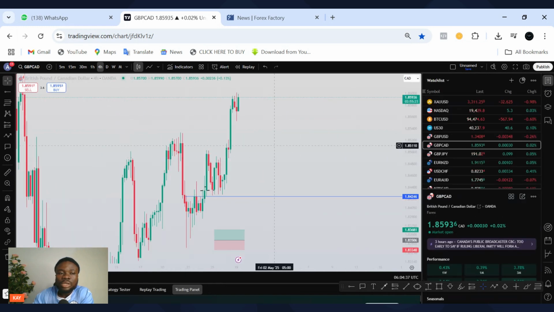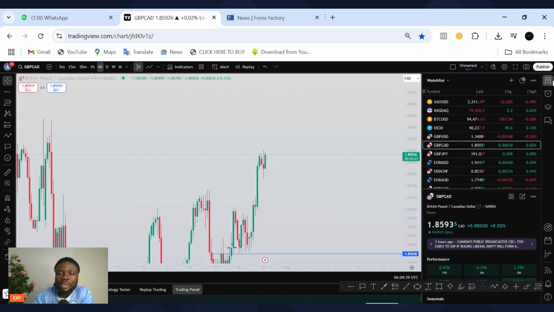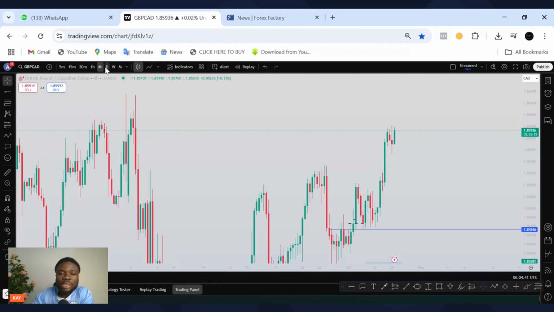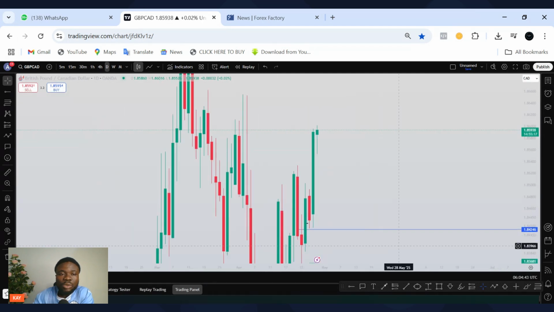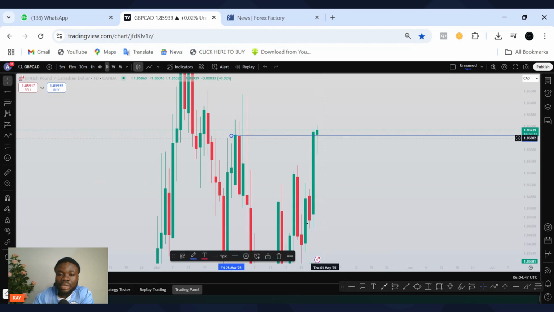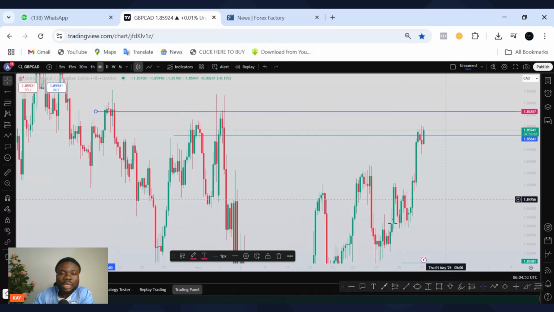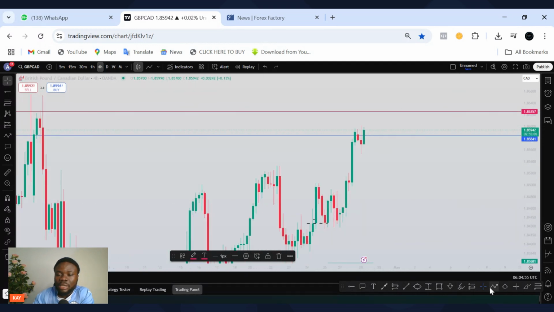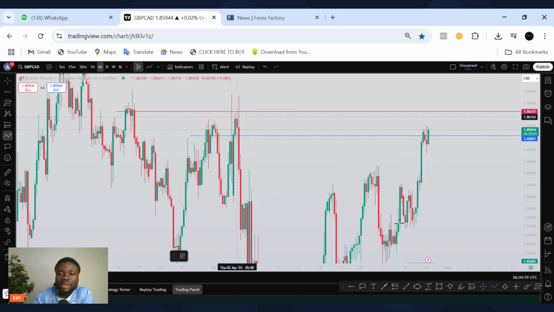So let's move to the next pair, GBP CAD. Looking at the daily time frame on GBP CAD, there was a resistance, a reactional level over here, and another reactional level over here. Looking at the H4 time frame, at this point price has pulled back, and we're having a lot of reactional levels over here, a lot of areas of interest.